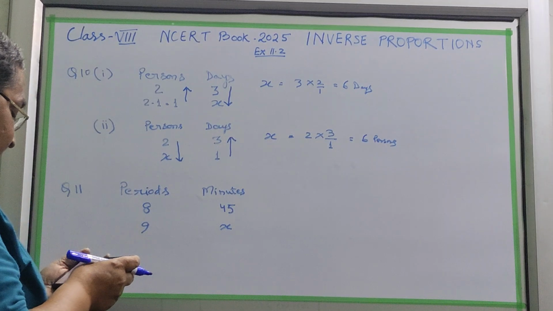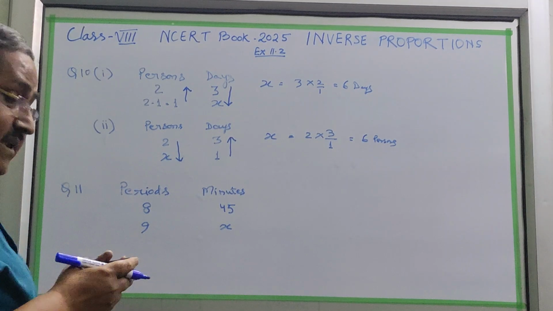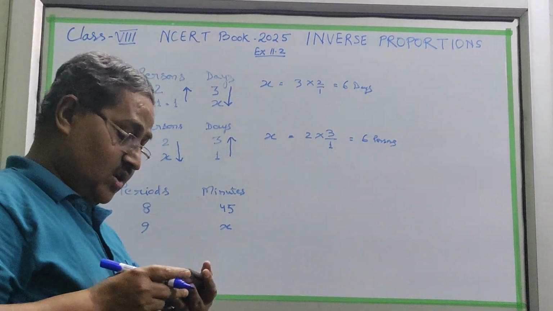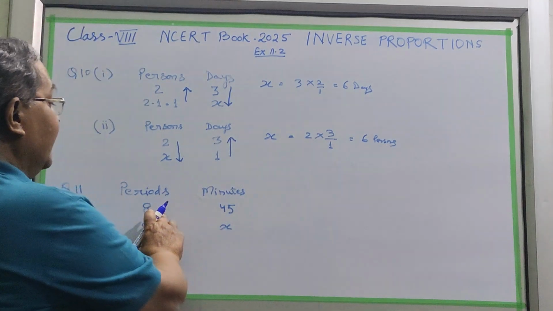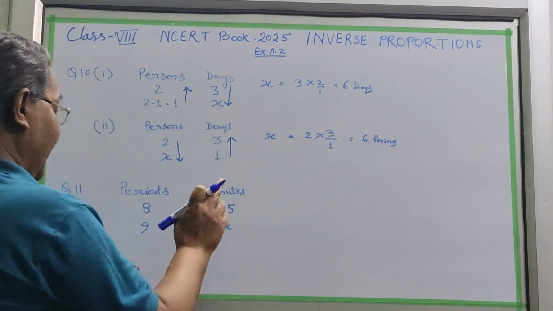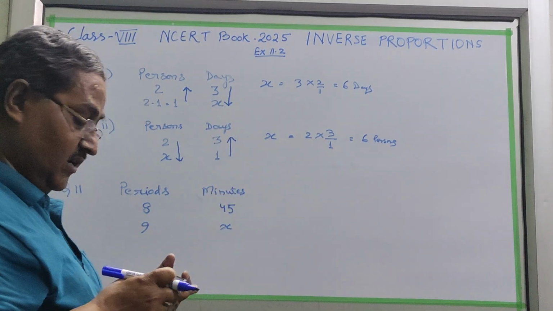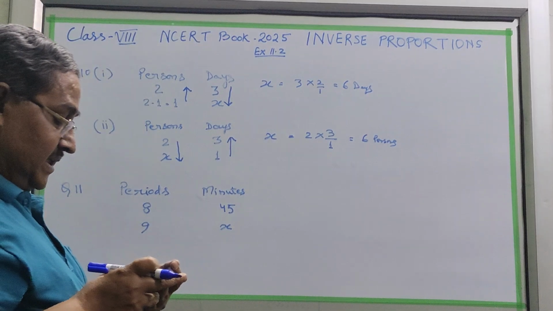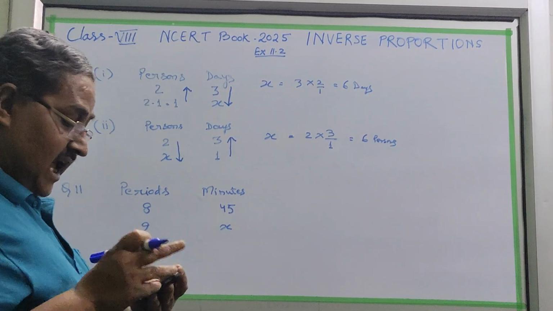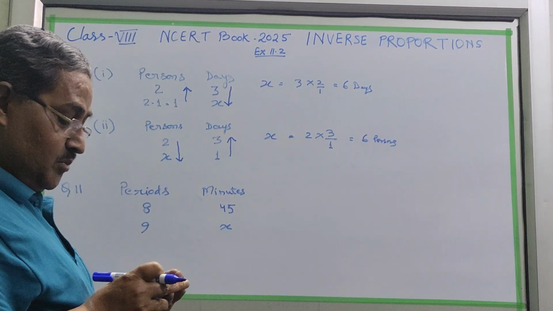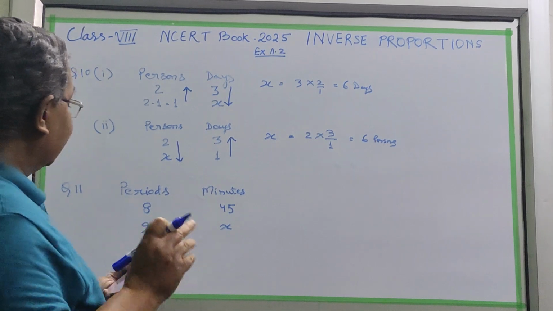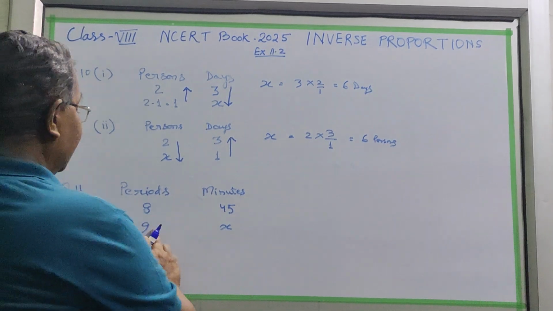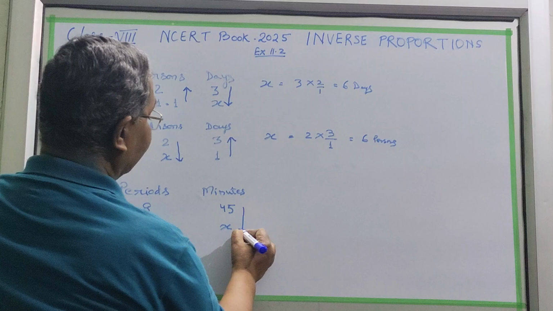Now question 11. A school has 8 periods a day, each of 45 minutes. How long would each period be if the school has 9 periods a day, assuming the number of school hours to be the same? So periods now we want 9, here we don't know, so we put an x.